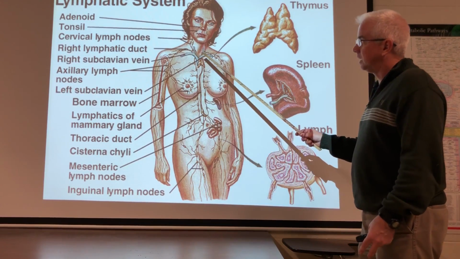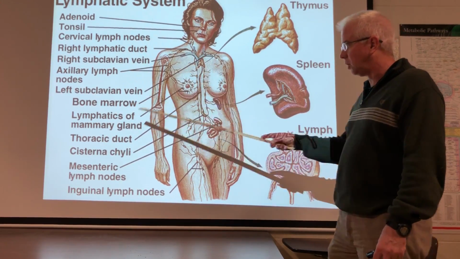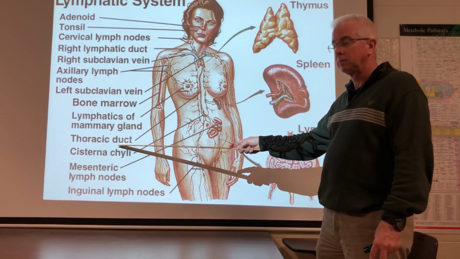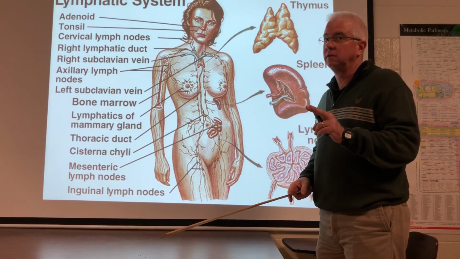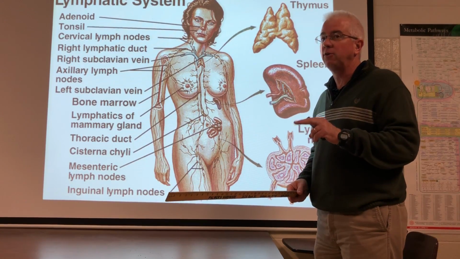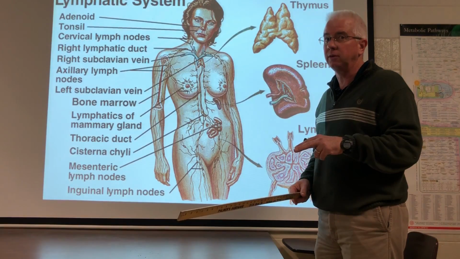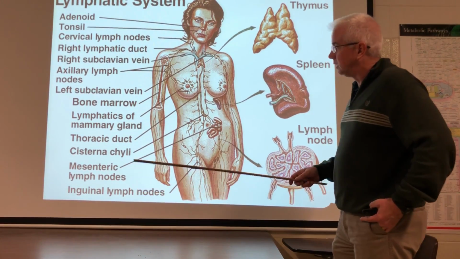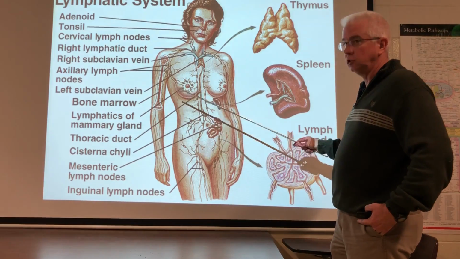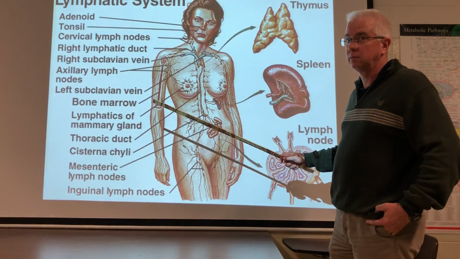Now, on the left side, its counterpart is called the thoracic duct. And in terms of importance, the thoracic duct far outweighs the return of lymph compared to the right lymphatic, because the thoracic duct is going to drain everything else.